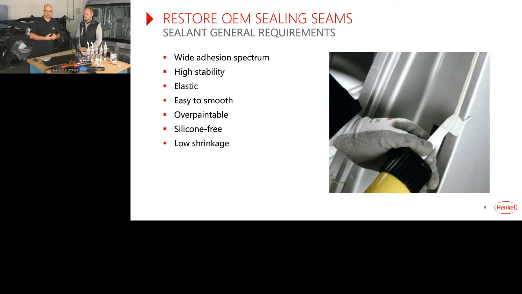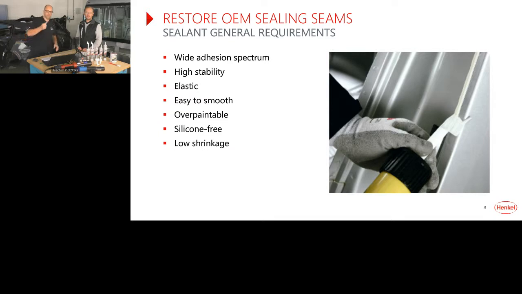We have to have adhesion on all the surfaces. The product has to stay stable, meaning if we apply a bead, the shape of the bead should remain. So a stable product, and it should be elastic as well. The car is moving and we have tension in the car body, so the sealer must not crack. It has to go with the car body.